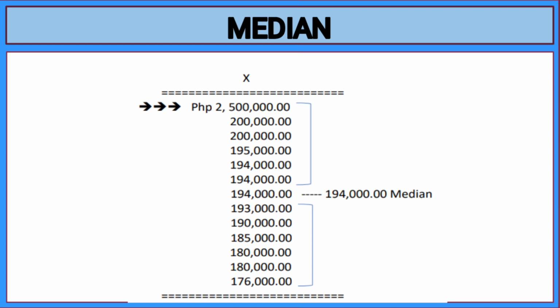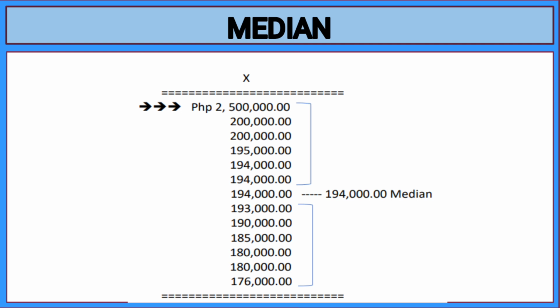So right now we have a distribution that is arranged from highest amount to the lowest amount, so it's good already. And unlike the mean, the median is not affected by skewed distribution, right? Remember that the median is not affected by the skewed distribution.